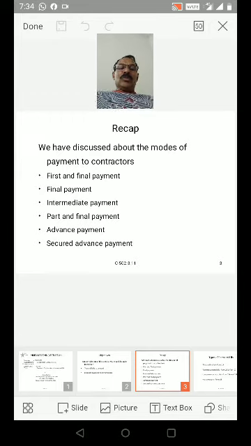These modes of payment to contractors were discussed in the previous class.